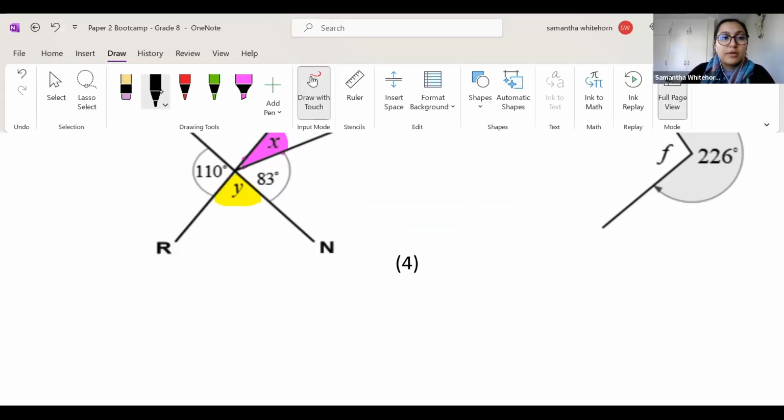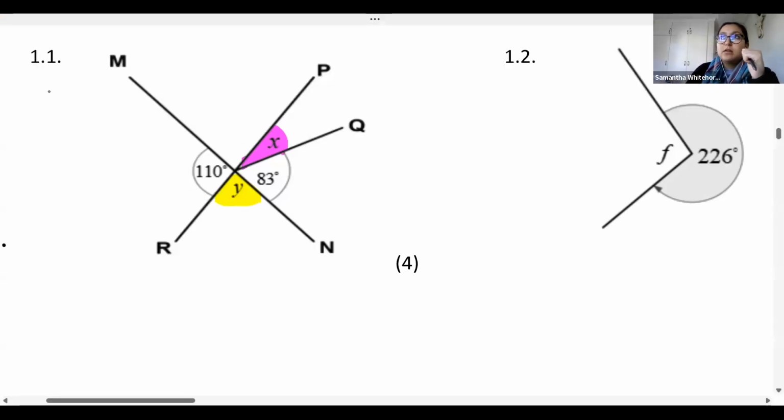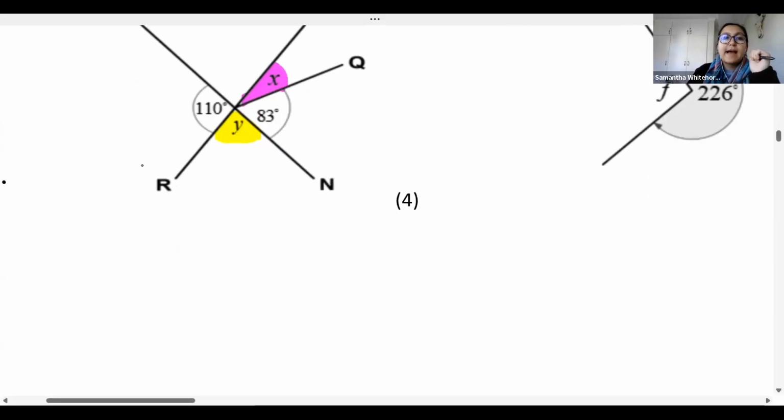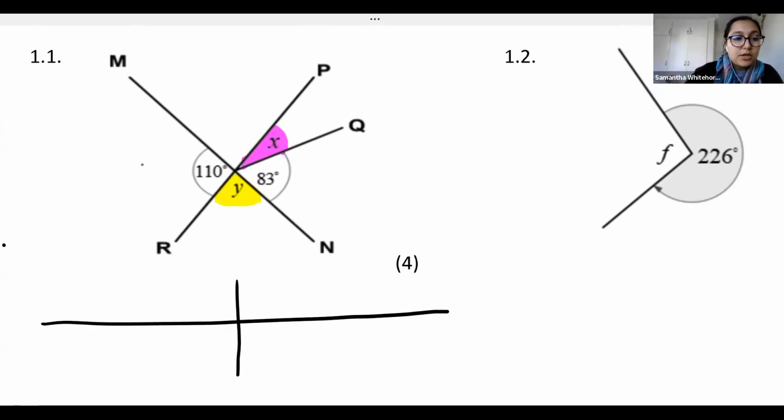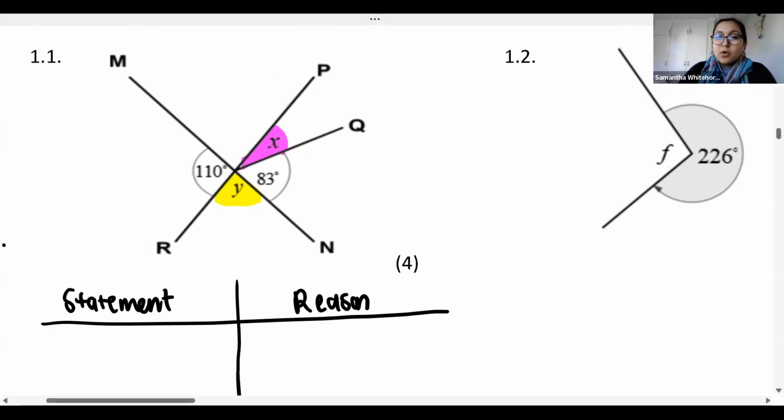Now remember, in geometry, as we've seen, anytime you make a statement, you must give a reason. So if you need to, split your page: statement, reason. And we can now go and work it out.